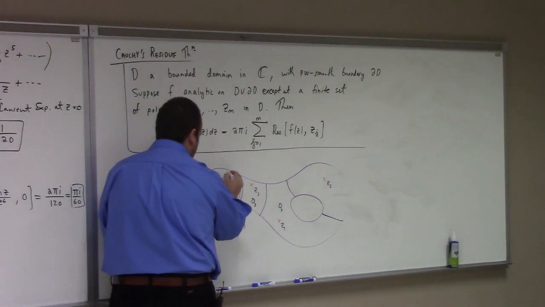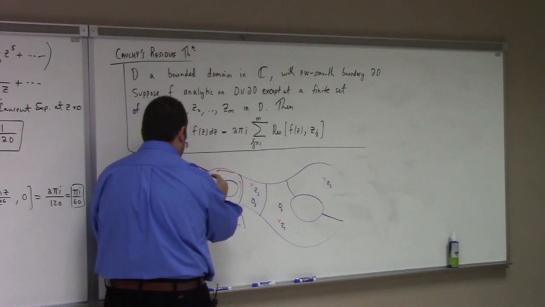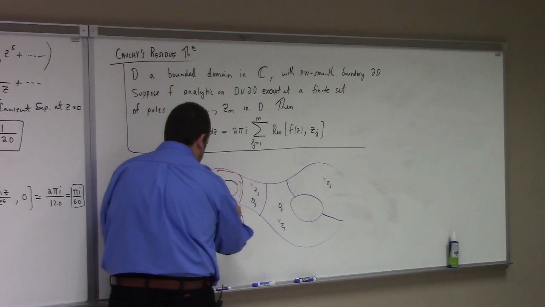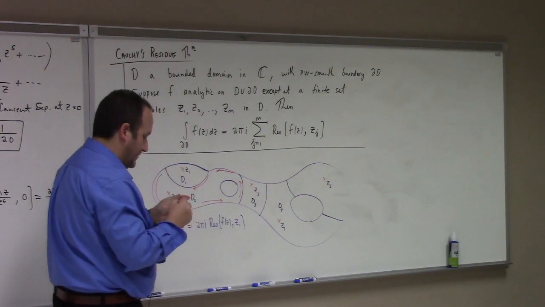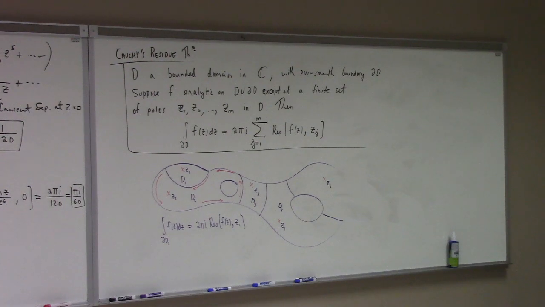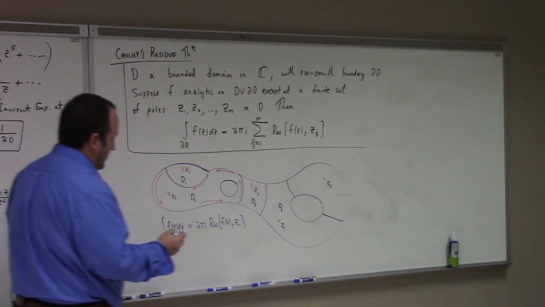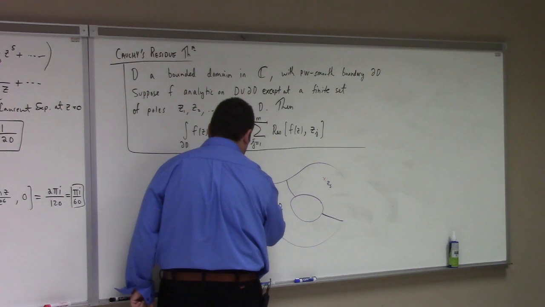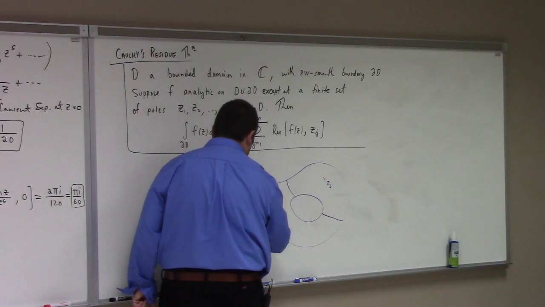D2 goes like this. This is the orientation of D2. What's the orientation of D3 look like? So D3 looks like that.